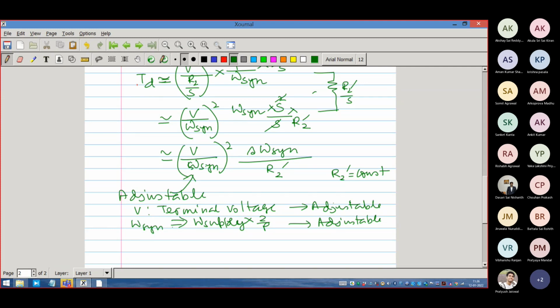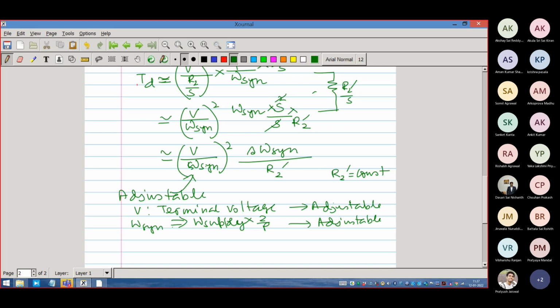If initially this was the omega sin of 1500 RPM, and by going to 750 RPM, as long as I have maintained the voltage by omega sin constant, that means suppose at 1500 RPM the V was 415 volt, and when I went to omega sin of 750 RPM, if I have applied the voltage of 415 by 2, then V by omega sin as a ratio is unchanged.